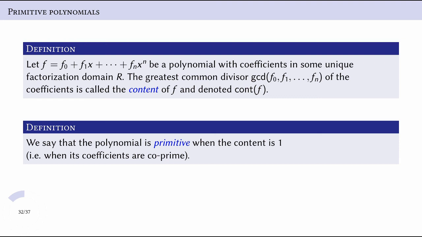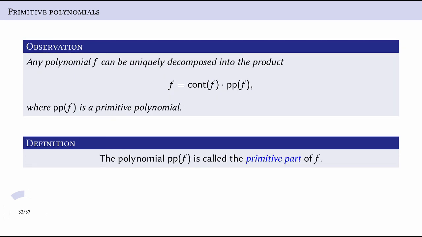A polynomial is said to be primitive if its content equals 1. Now, the easy observation is that every polynomial can be uniquely decomposed into a product of a content and a primitive polynomial. This may sound like some important theorem, but it's actually very trivial.